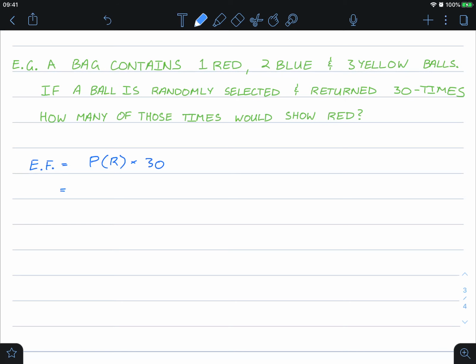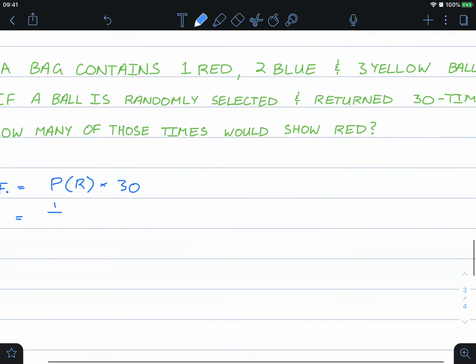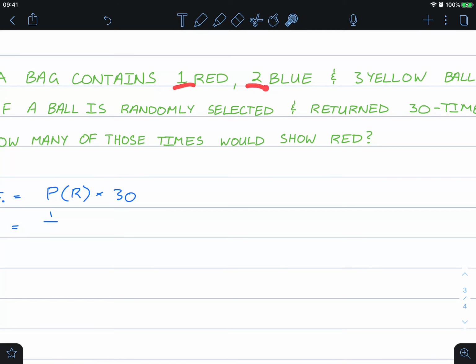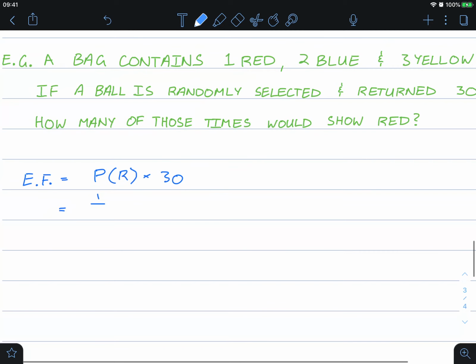For the probability of red, adding these up, 1 plus 2 is 3, 3 plus 3 is 6, so there's a 1 in 6 chance that red is selected, times the 30 repetitions. 1 in 6 times 30 is 5 red.